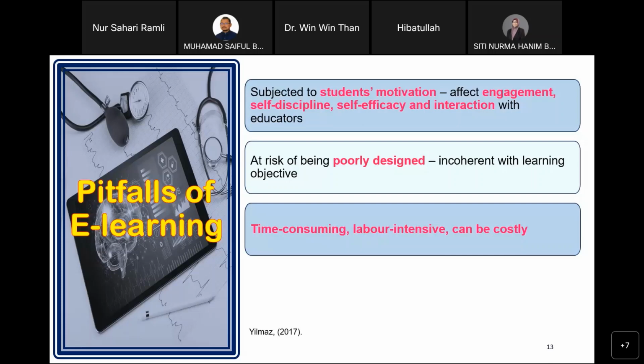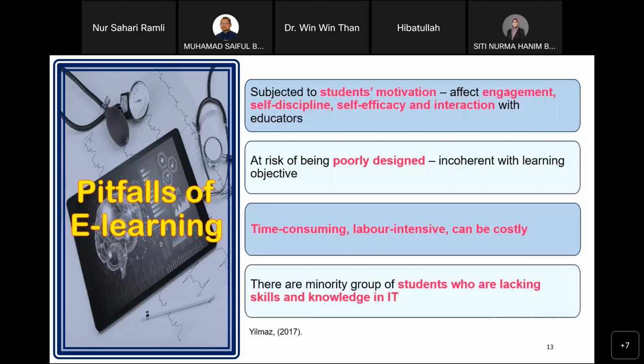That has to be taken into account as well. And we also have to consider that there are different levels of IT skills and knowledge among our students, and they would probably come from different backgrounds, which makes them unable to access the e-learning as much as the rest of their colleagues or peers.